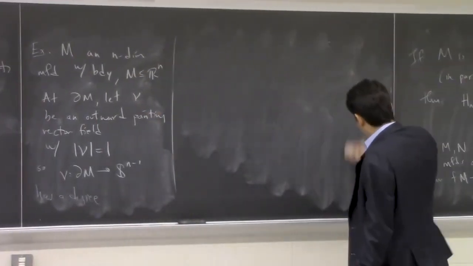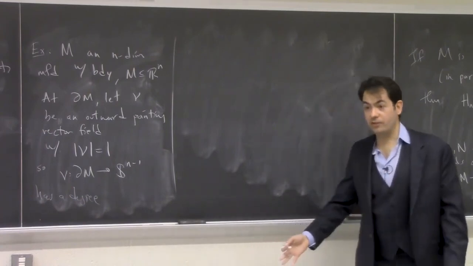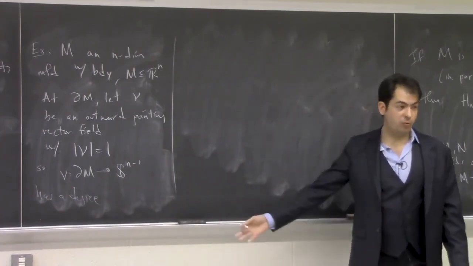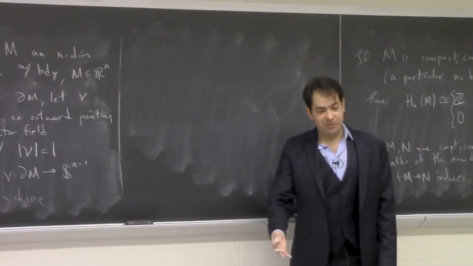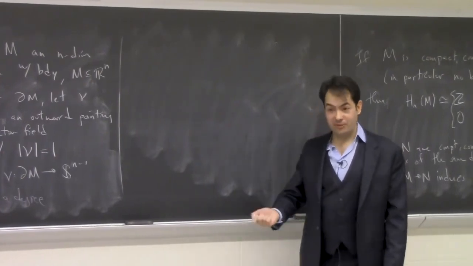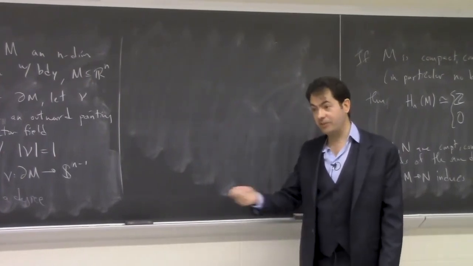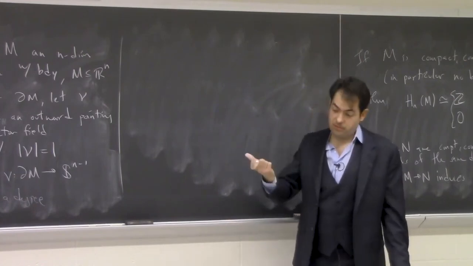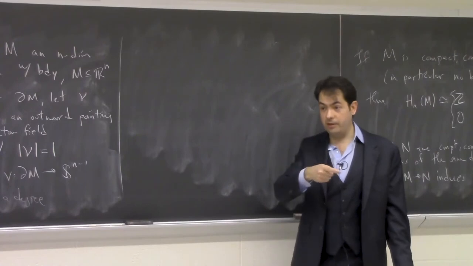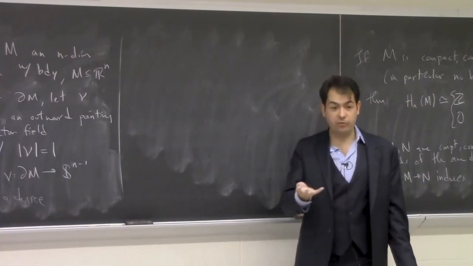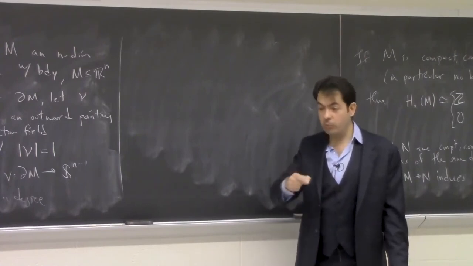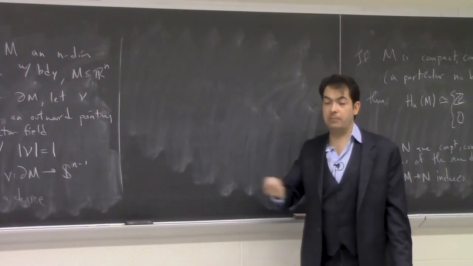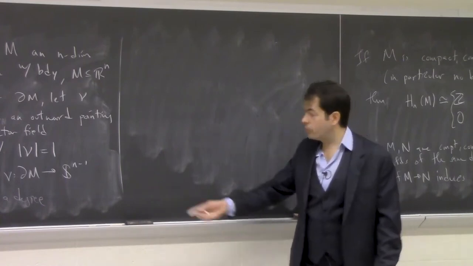Now remember, one of our applications of the degree last class, which I realized was before the break, so a long time ago, involved vector fields. What we said was, if you have a vector field and an isolated zero, then you look near that, and since it's isolated, there's a disk where you don't have any other zeros. So you can normalize it on the boundary of that to get a map into the sphere. We're going to do that here.